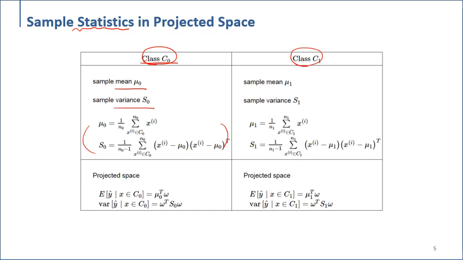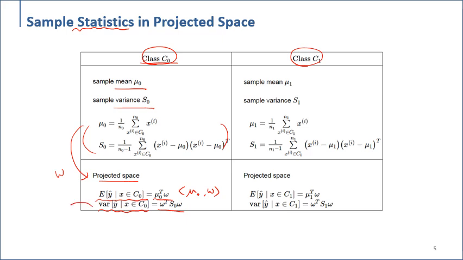And these original data are going to be projected onto line omega, and in the projected space, the mean value is just the inner product of mu0 and omega, and the sample variance is omega transpose S0 omega, as we learned in the PCA class.